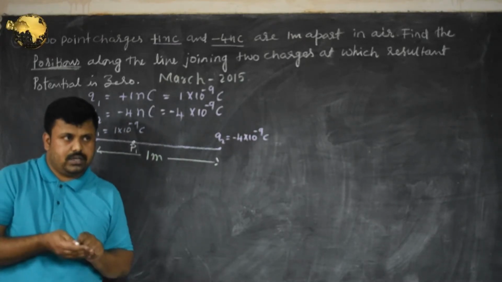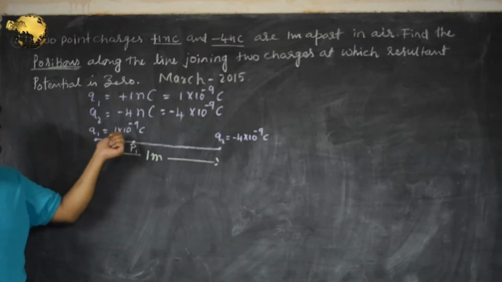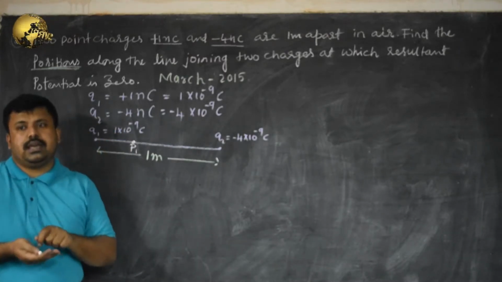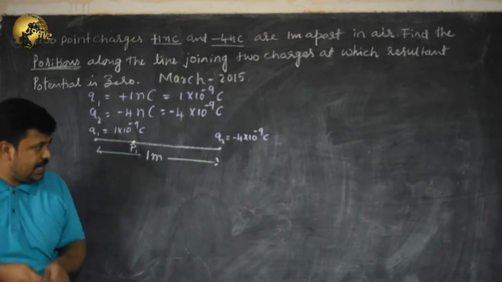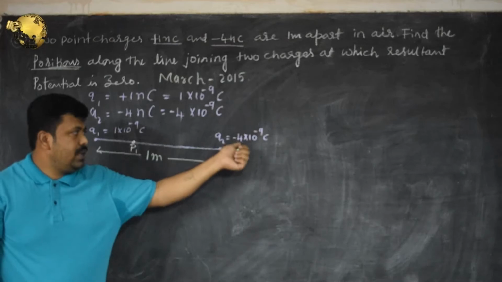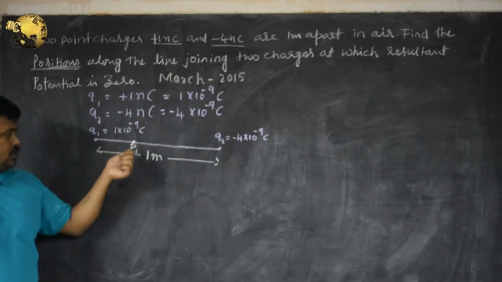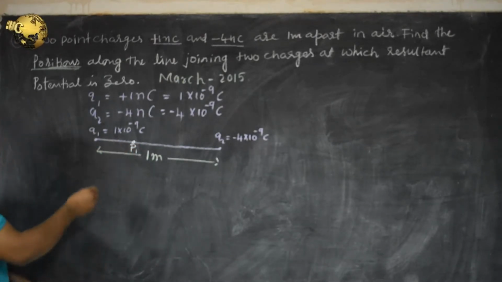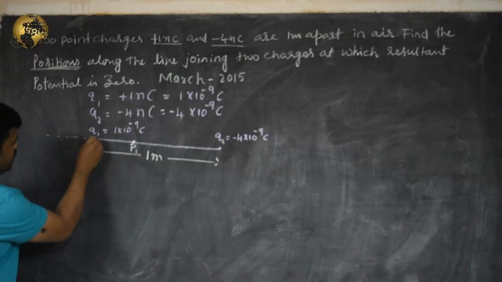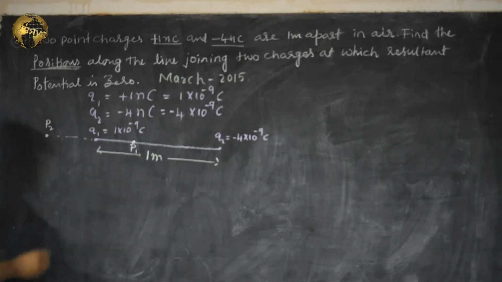The negativity always refers to more number of negative charges. Positive refers to deficiency in negative charge. So in that case, I say this minus 4, or Q2, is greater than Q1. So the point will be here, near to the smaller charge. The other point will be on this side of Q1. So let us call this P2.